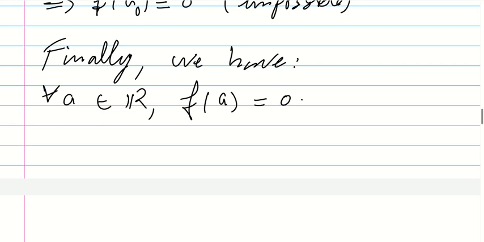Then the only function which verifies equation 1 is the function which equals 0 for all real numbers in R.